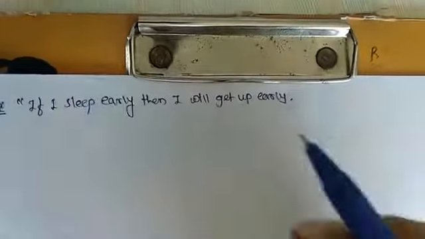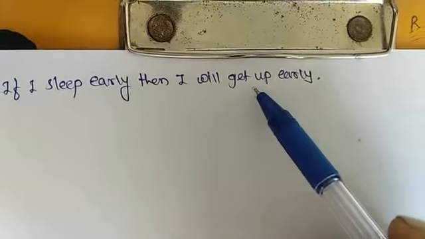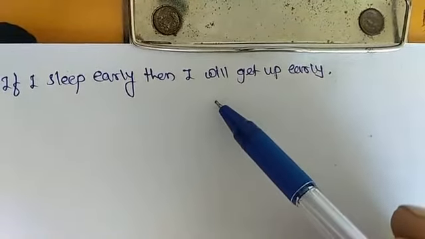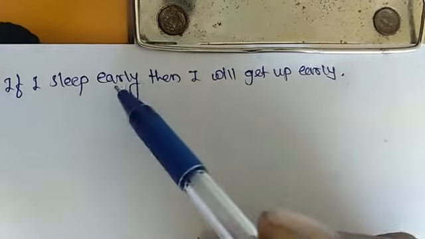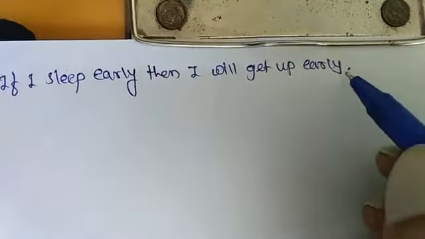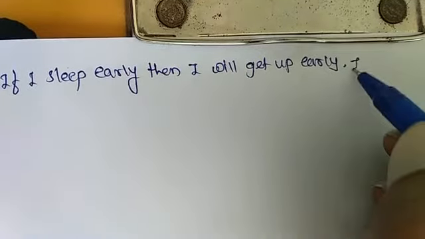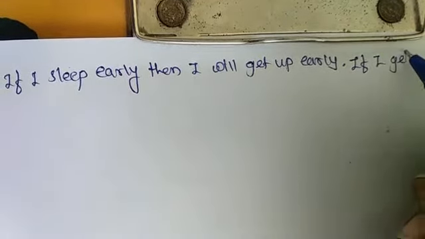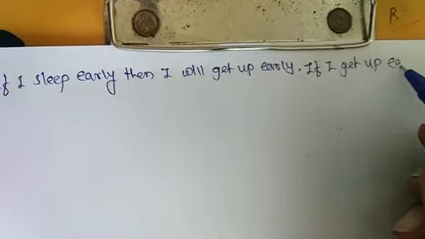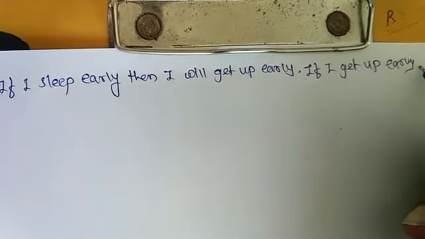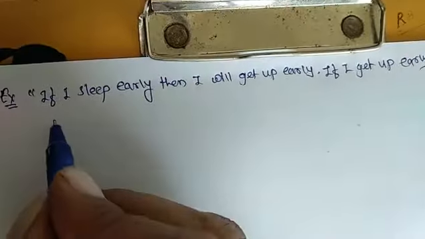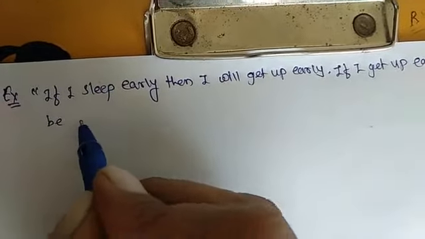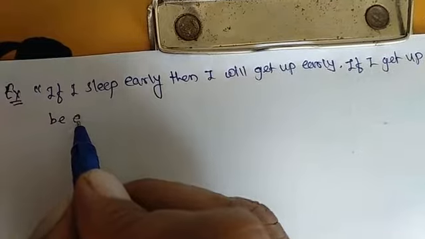Now the next example is to check the validity of the argument, and you have to convert it firstly into symbolic form by using the direct argument. If I sleep early, then I will get up early. Full stop. If I get up early, I will be able to catch the train.